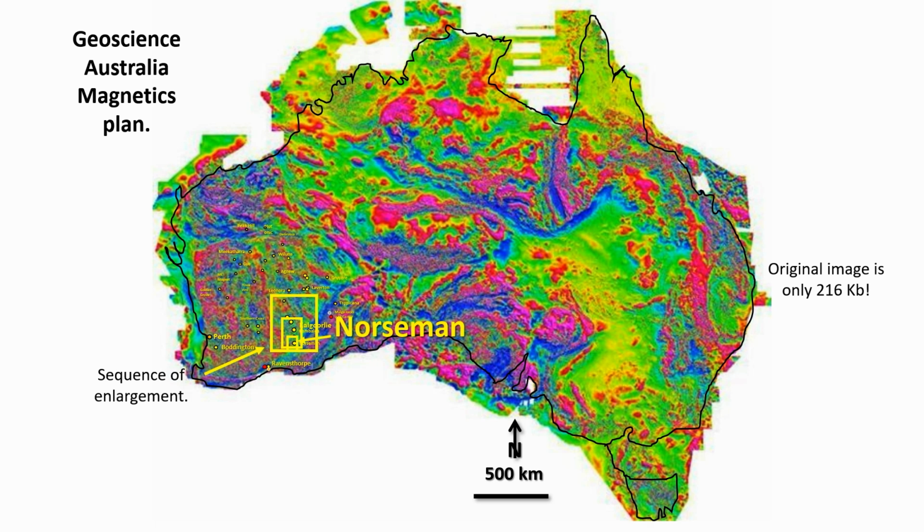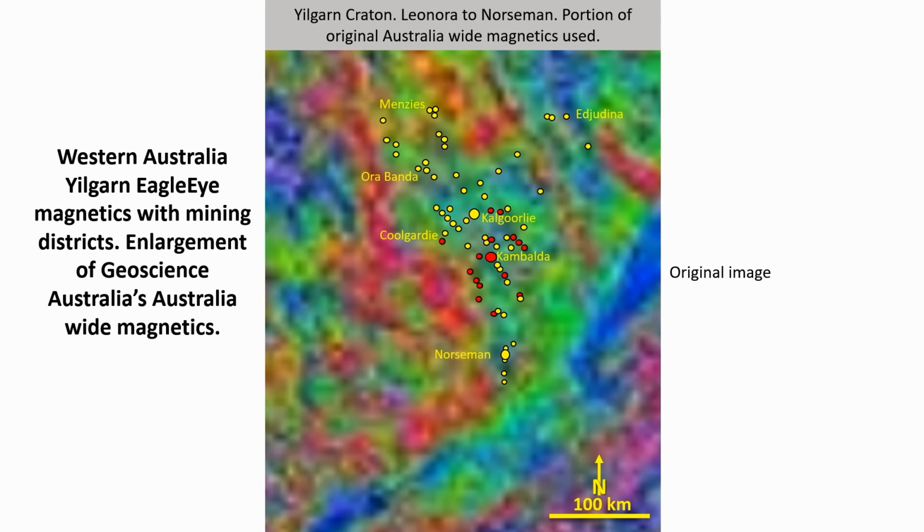So the original image is only 216 kilobytes, and we start off here, we take a slice out of the original, and then in a few increments go down to Norseman. That's the first one. That's the eastern Yilgarn from north of Menzies, just south of Leonora down to Norseman. It's the original image that we start with.